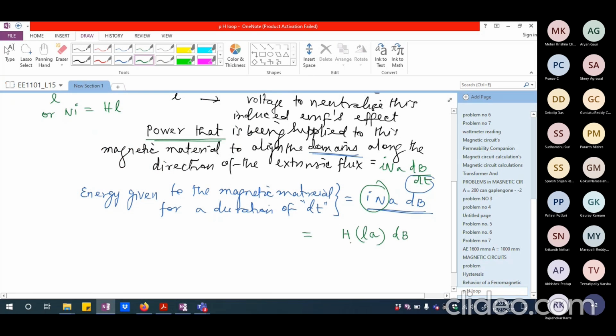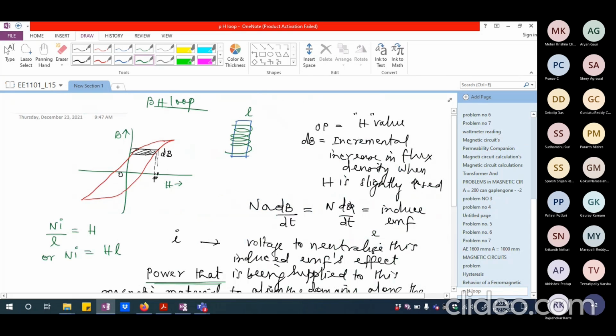So this is essentially the amount of energy supplied for an increase in the flux density by an amount of dB, which is given by this small strip.